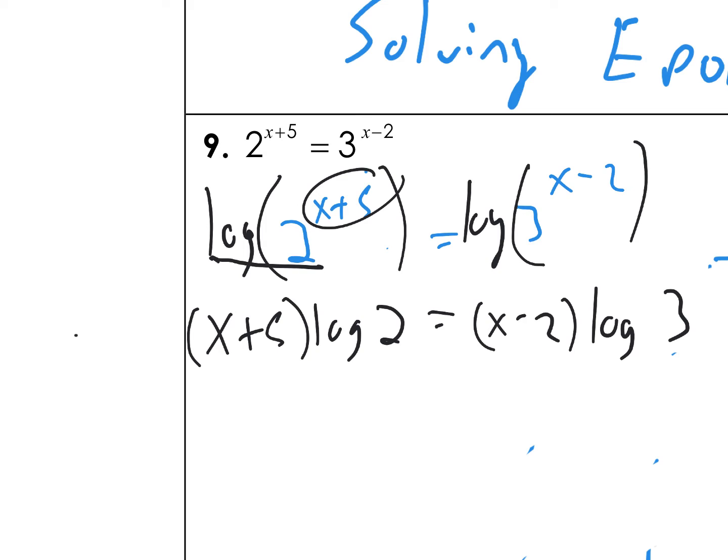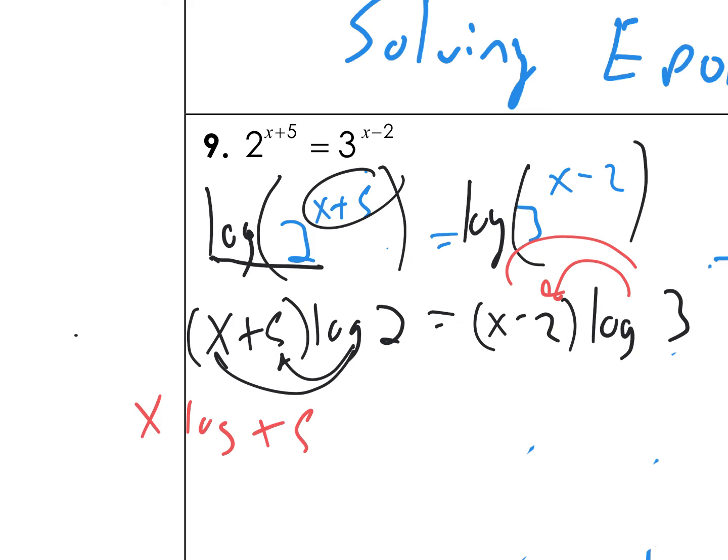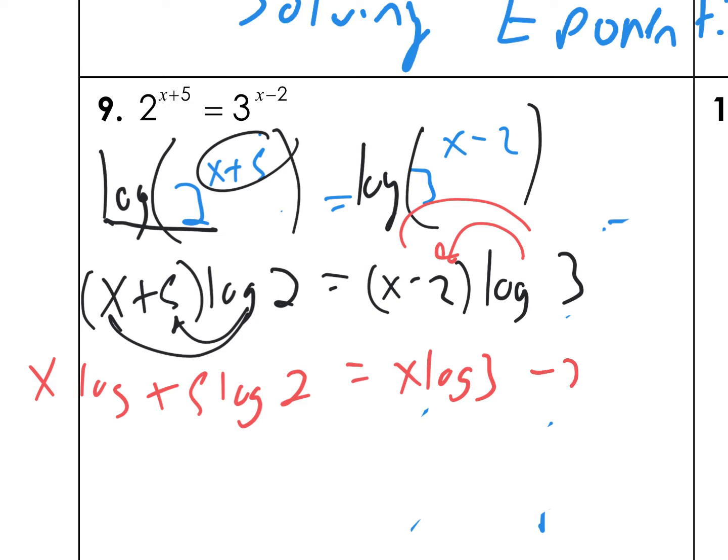I'm going to immediately distribute this number and break it apart, because you can't solve for x if you can't get the x out of jail. So I'm going to go x log of 2 plus 5 log of 2. Does that make sense? Equals x log of 3 minus 2 log of 3.